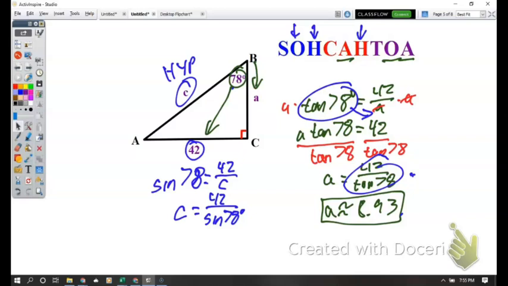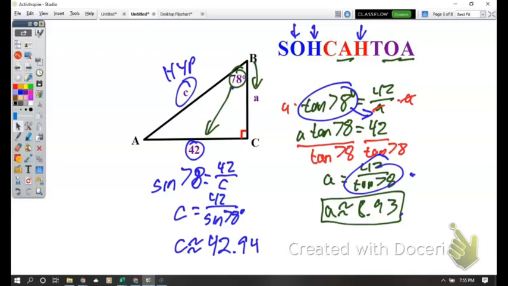You'd multiply by C, then you divide by the sine of 78. So we can just shortcut this and just divide by the sine of 78. So again, I'm going to stick this into my calculator, and I get that C is equal to approximately 42.94. Again, this is very rounded off.